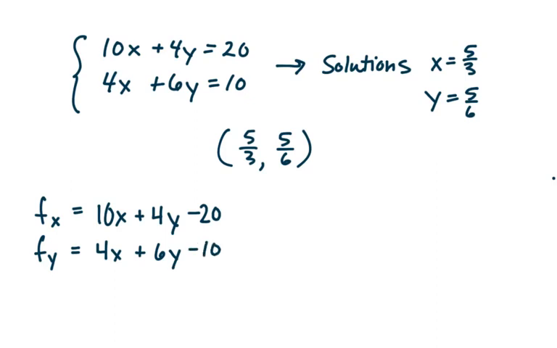So for my second derivative test, I need those three second partial derivatives. With respect to x twice, I get 10. With respect to y twice, I get 6. And in both situations, if I take x with respect to y, I get 4. If I take y with respect to x, I get 4.